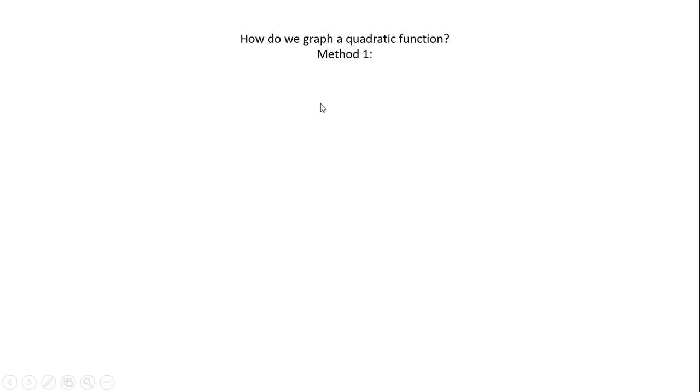So we're going to graph quadratic functions in a couple methods. The first method is we are going to make a table. Making a table is a fantastic method of graphing something that you don't know what it looks like. So, to make a table here, we're going to start with an equation, y equals x squared. It's a basic parent function for a quadratic.